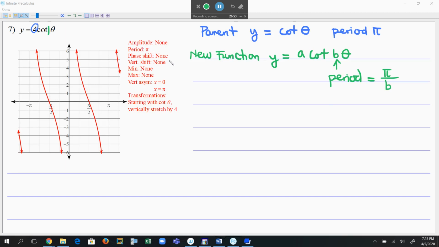So again, why do we say that they have no phase shift and no vertical shift? Think about it: if the function has any phase shift, then you will see our variable, our input, subtracted or added by a number. Okay, so this will be for the phase shift.